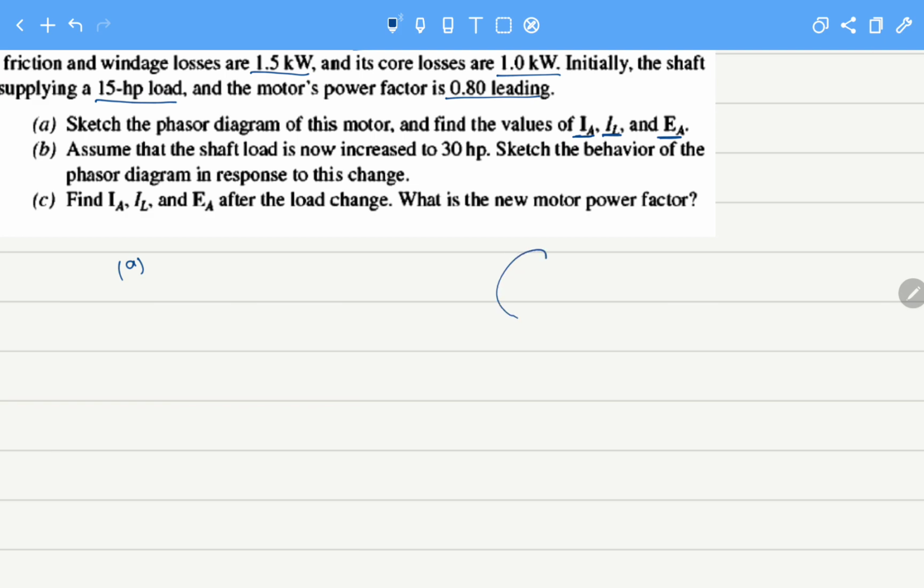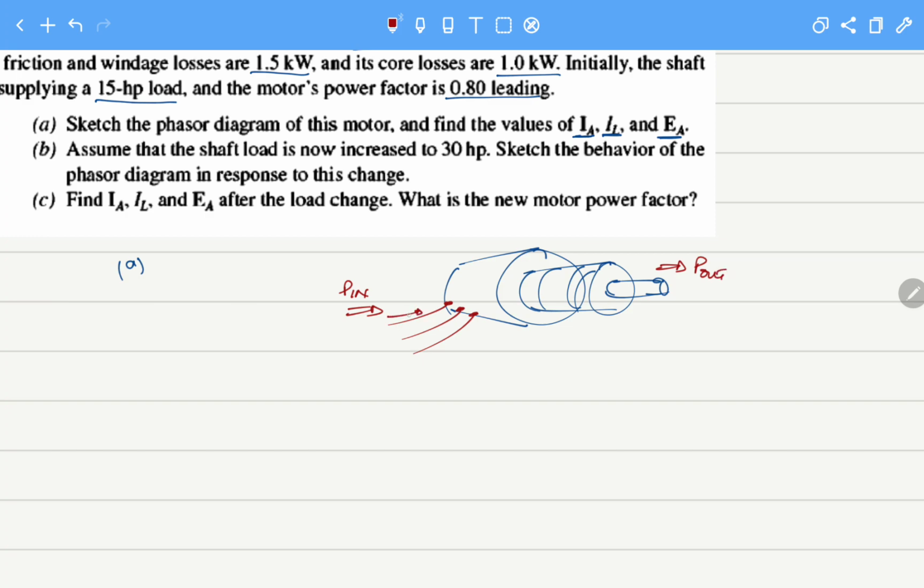So let's first look at the machine. This is our machine, and here we have the rotor. The important thing to know is that its terminal output, there are 3 terminals that are coming from here, and there is power that is being supplied called P input, and this P input goes through certain losses and is converted into P output.